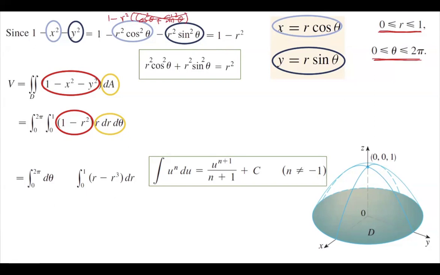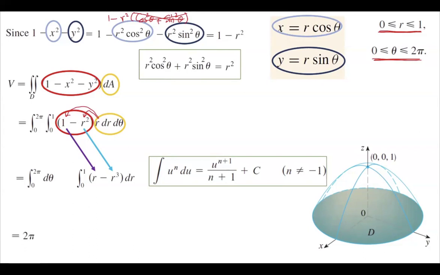And since you have a definite integral, c disappears. Remember that here I distributed r into the parentheses. That's how we get r minus r cubed.